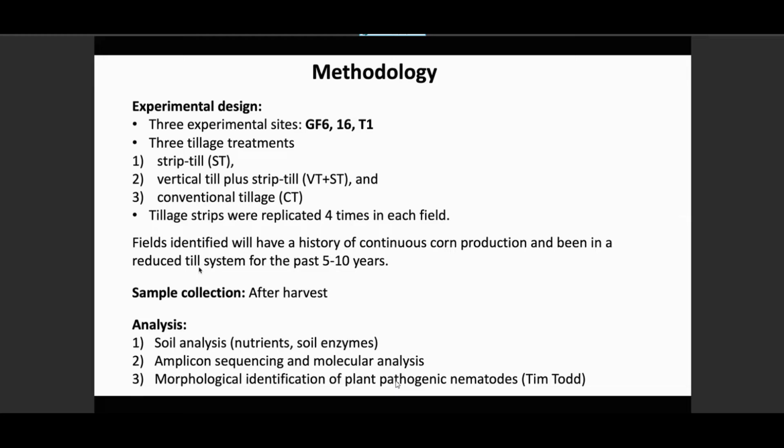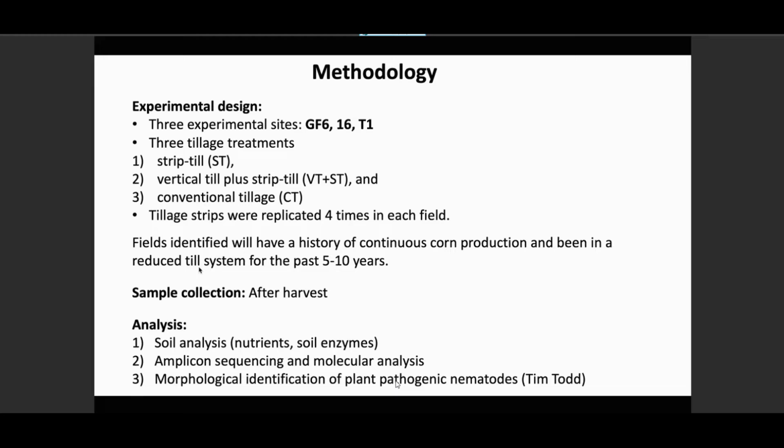The fields we have identified have a history of continuous corn production and have been in a reduced till system for the past 5 to 10 years. We collected soil samples in 2018 after the harvest from each plot, and then we brought them into our lab at CSU on ice. In our lab, we conducted analysis on soil properties, which included nutrients and soil enzymes.